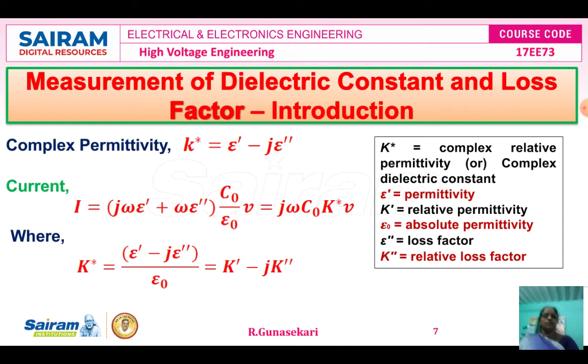Epsilon' represents permittivity. Epsilon'' represents the loss factor. Then how to calculate the current? I is equal to (j omega epsilon' plus omega epsilon'') C0 divided by epsilon naught into small v, that is equal to j omega C0 K* small v.